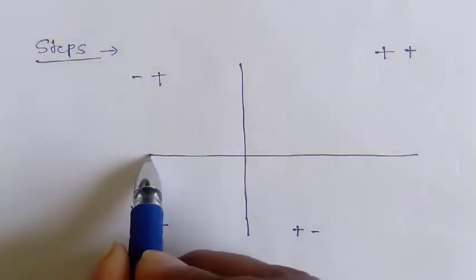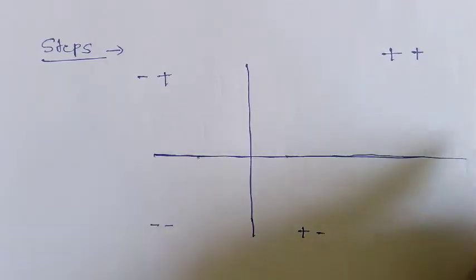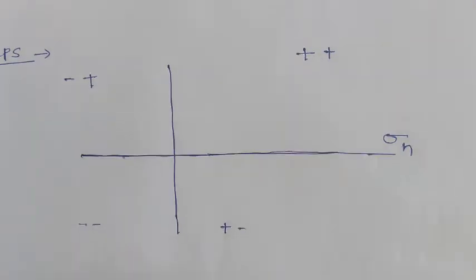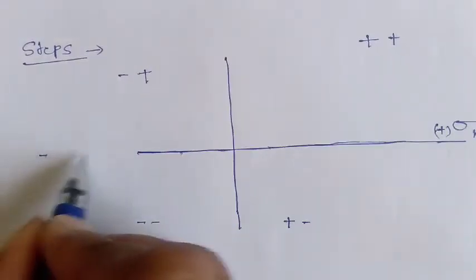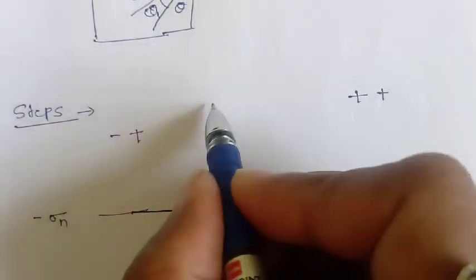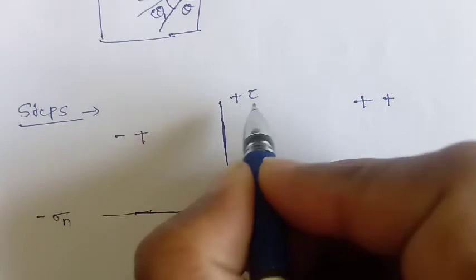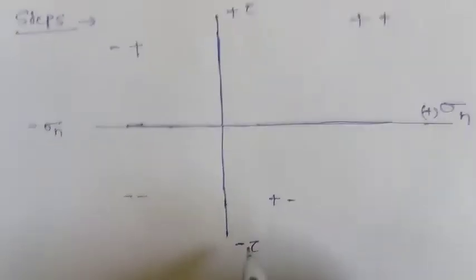And this x-axis, we always have to remember, represents the normal stress in the Mohr circle. This side is the positive normal stress, and this is the negative normal stress. The vertical direction in this coordinate system shows the shear stress, this is the positive and this is the negative shear stress.